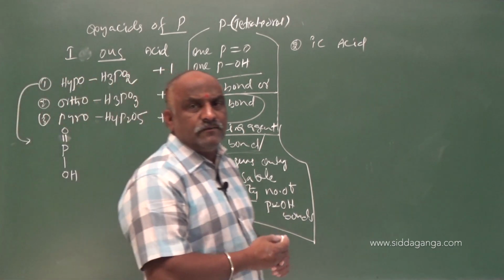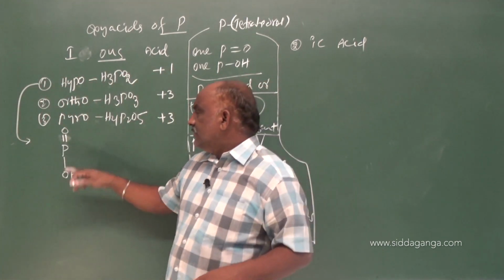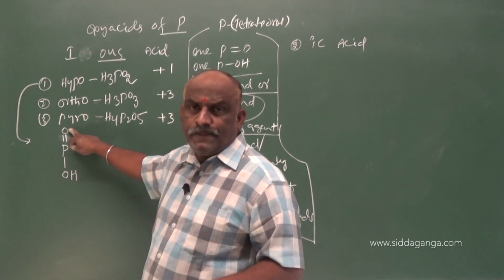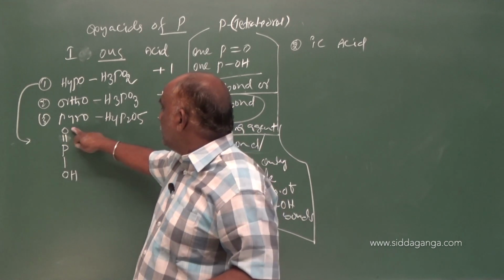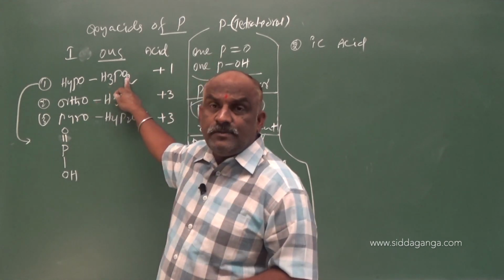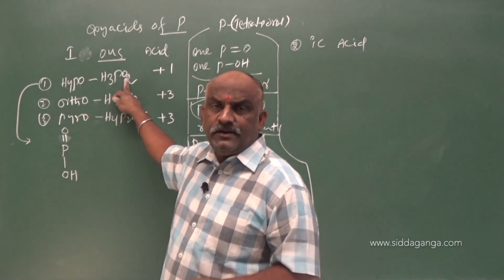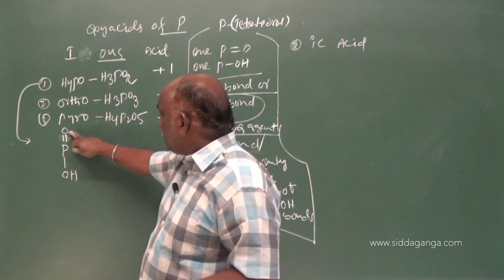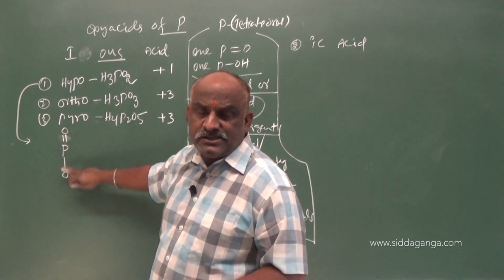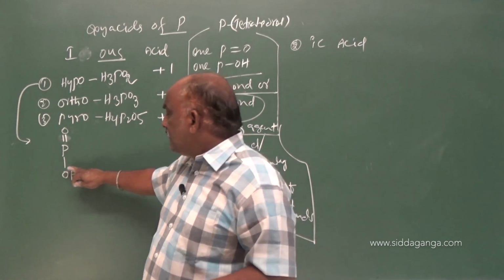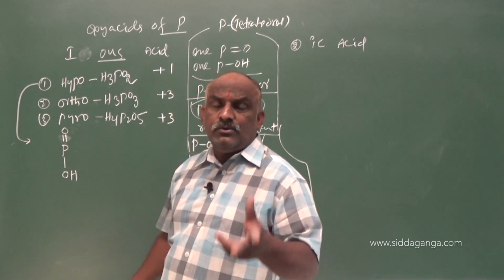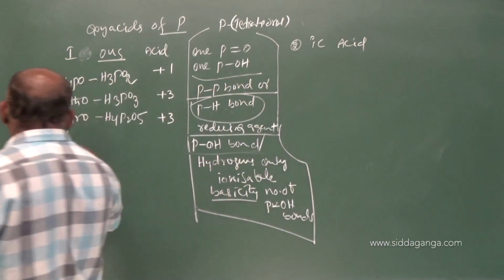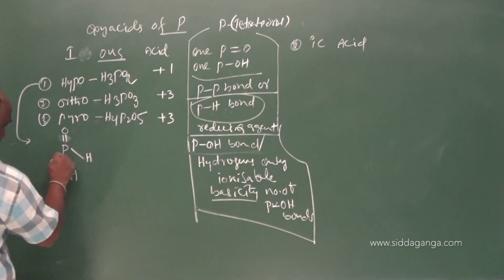The formula is HPO2. But the formula is what? H3PO2. H3PO2 means already two oxygens are used. While drawing like this, two oxygen atoms are over. After the remaining HPO2, we still require two hydrogen atoms. The two hydrogen atoms you should draw like this. H.